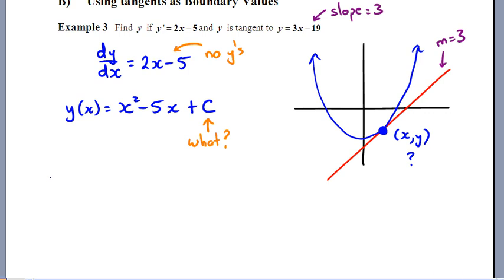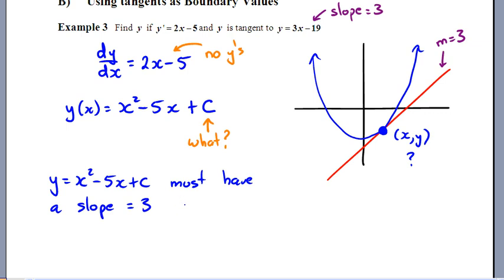I'll leave that in as a little note. Okay, so our answer so far looks like this, and it must have a slope equal to 3 at that point.